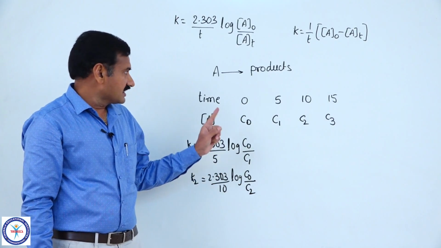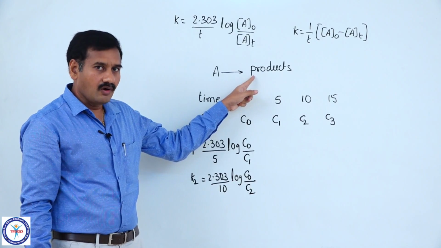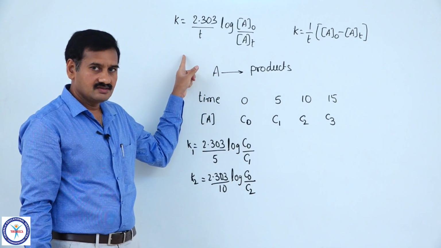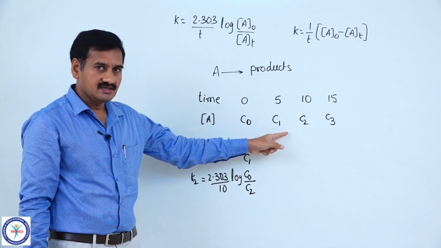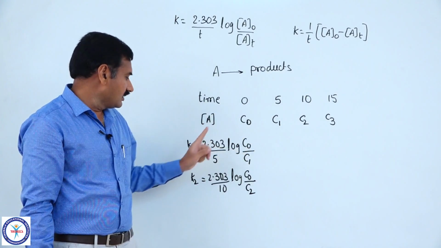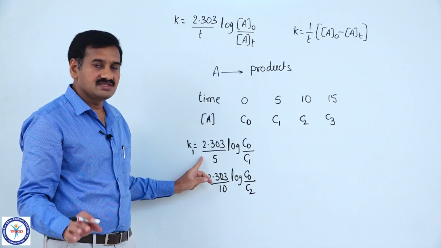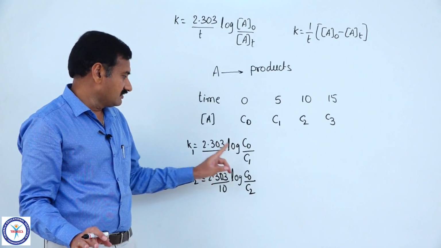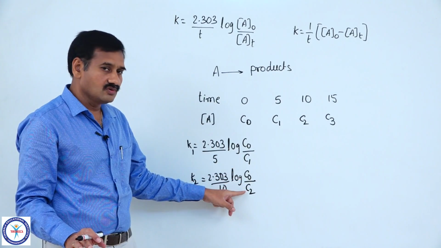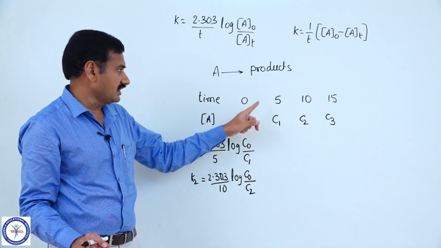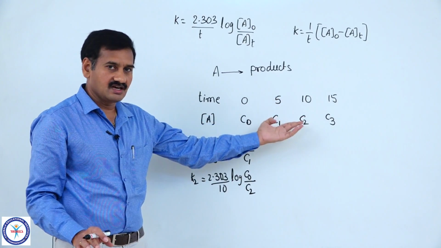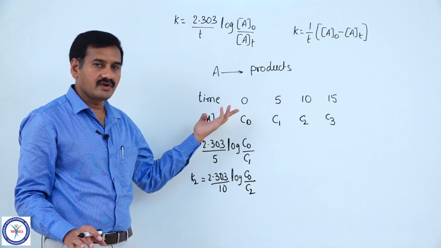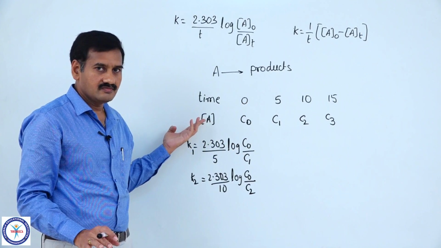If the reaction A gives rise to products follows first order kinetics, whatever the concentration of reactant, the value of rate constant must be the same at C1 concentration as well as C2 concentration, or at a time t equal to 5 minutes or 10 minutes. Even though there is a change in concentration, the value of rate constant must be a constant.